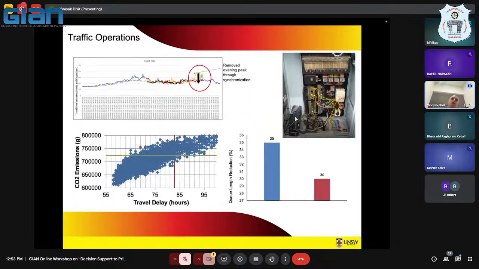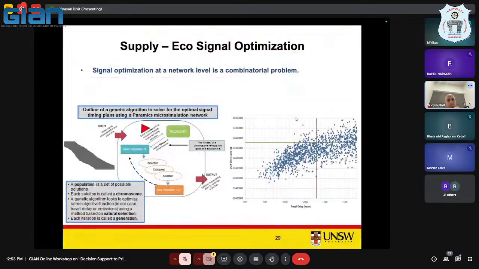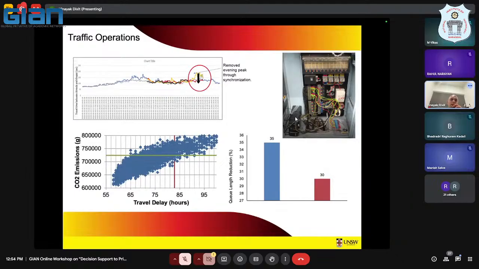We are using this for traffic operations, for being able to do traffic signal optimization, for eco signal optimization, where you're trying to reduce the emissions on your road network. In fact, what is interesting is that your signaling strategy is very different for eco signal versus delays.